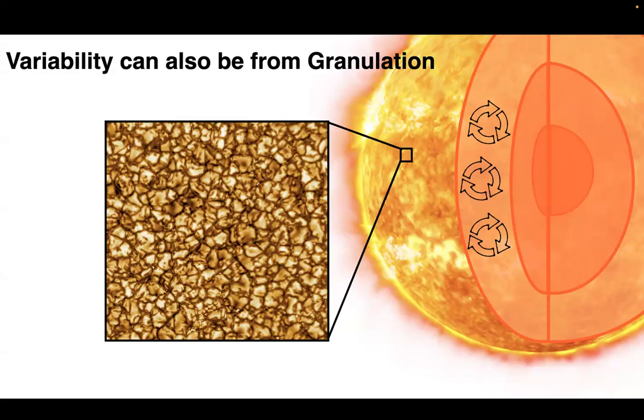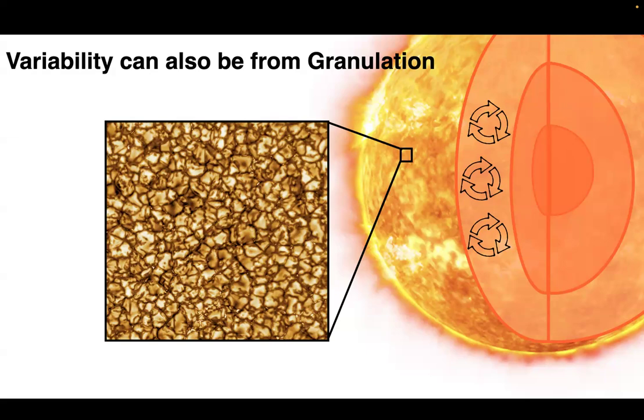So there's an upwelling and downwelling of plasma that reaches the surface, and these bright points in the centers of these granules, as we call them, are the hot plasma flowing up, and then the cool plasma, as it's called, is falling back down. And the temperature contrast between these granules, obviously you can resolve it on a star like the sun, but for stars that are unresolved, we see this as a stochastic brightness variability.